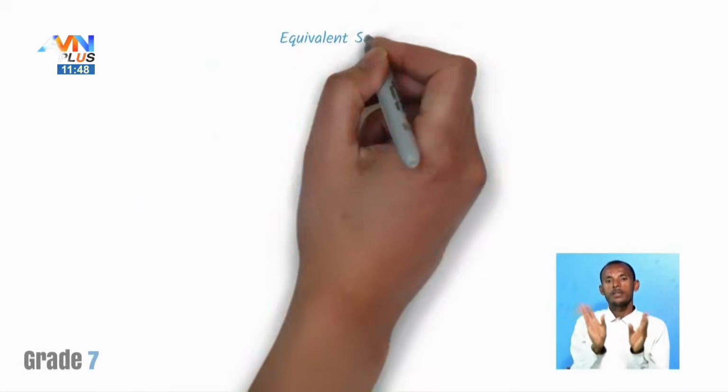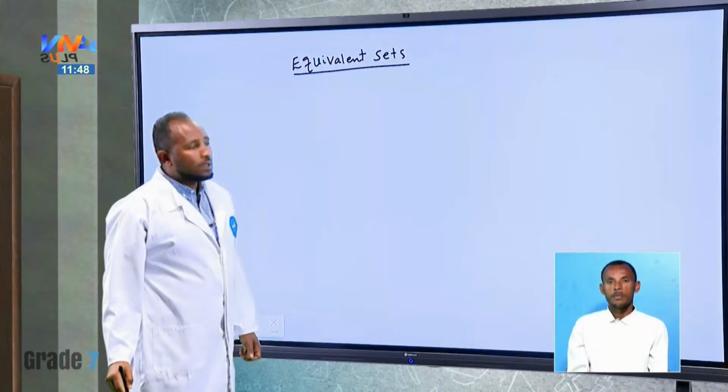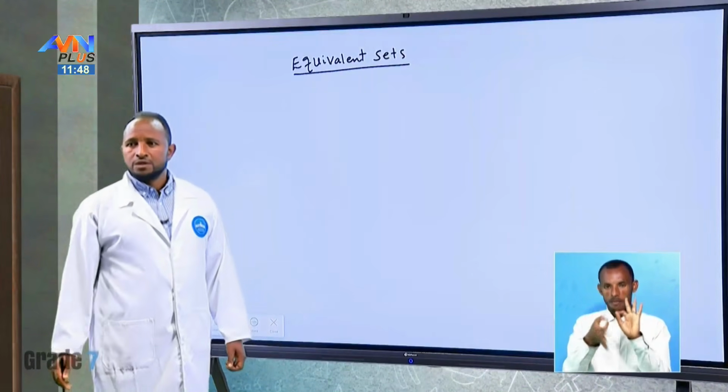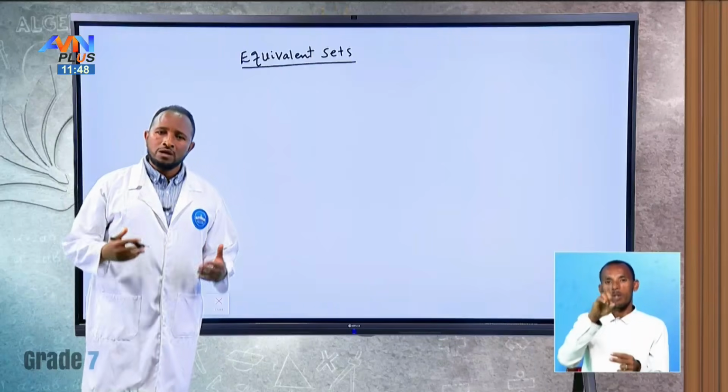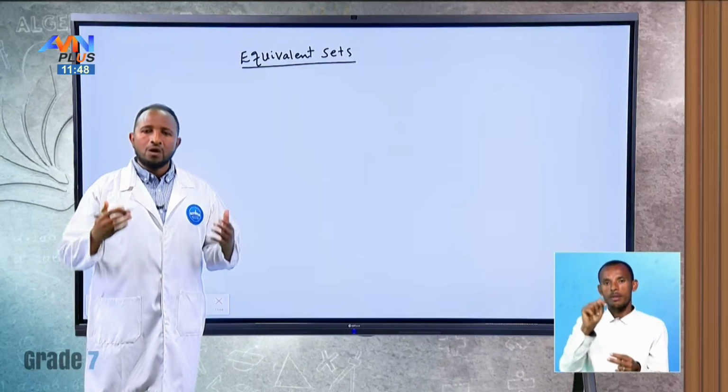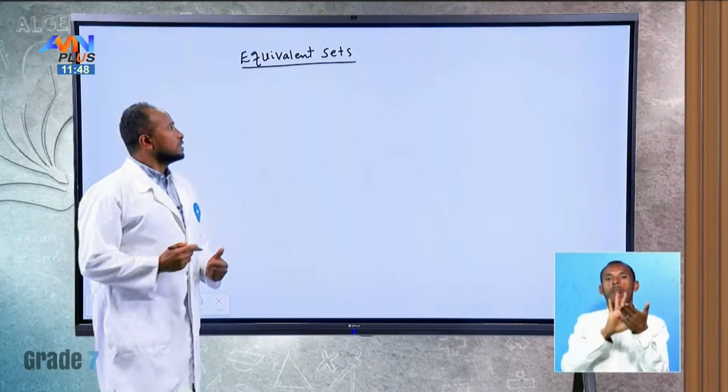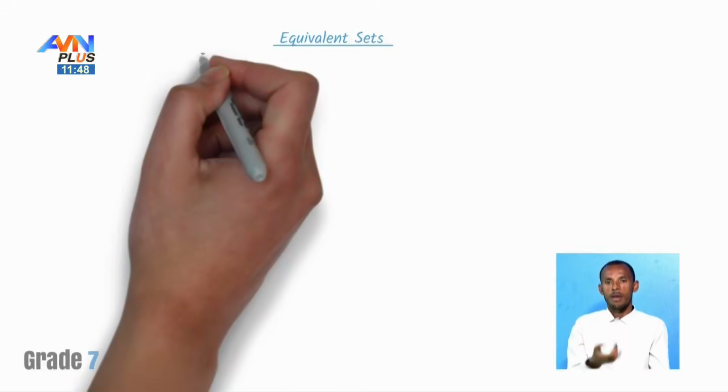Equivalent sets. Okay, let's define it first. Two sets are said to be equivalent if and only if they have an equal number of elements. So let me write here.